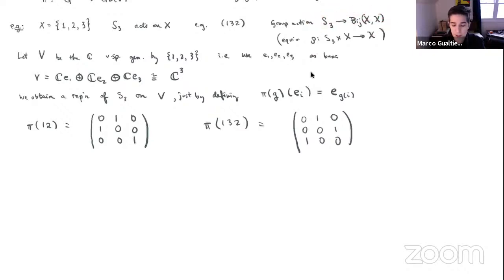So in other words, the fact that if we compose two group elements and then act by that composition, it's the same thing as acting successively by the individual elements, right? Because of the fact that it's really a group action at the level of sets, that will be inherited by the matrices.